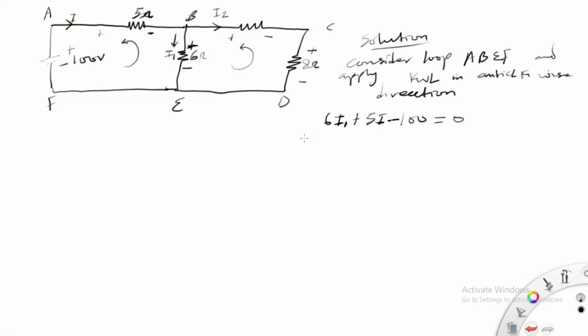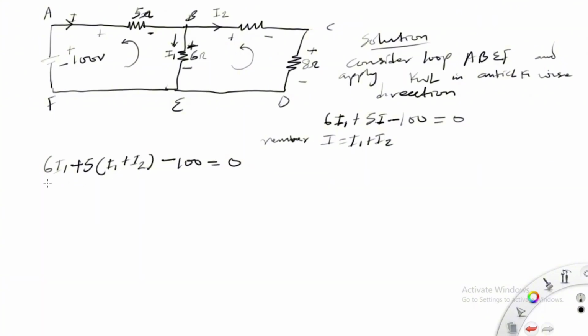So remember, I is equal to I1 plus I2. In our first class, we stated that. So what do we now have? We now have 6I1 plus 5I, which is I1 plus I2, minus 100 is equal to 0.